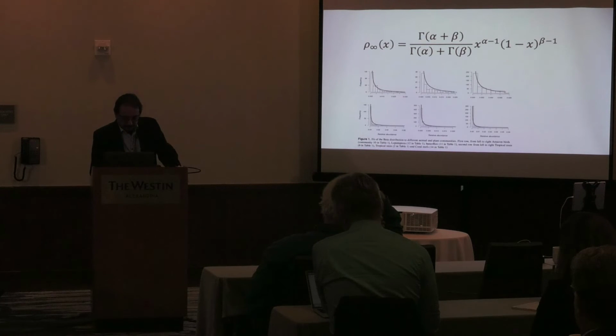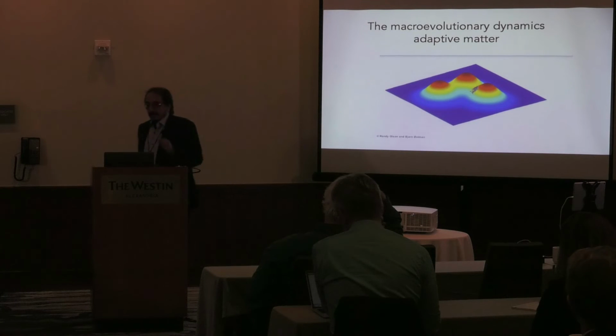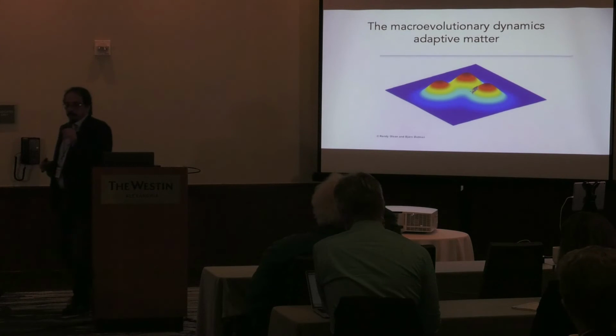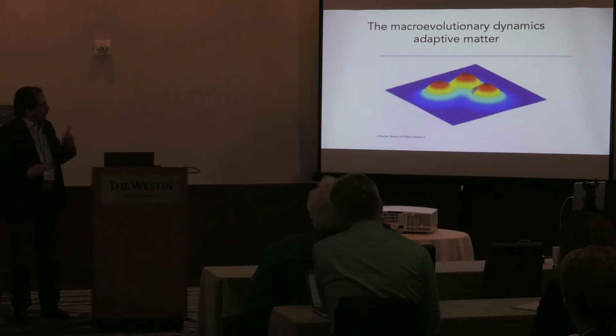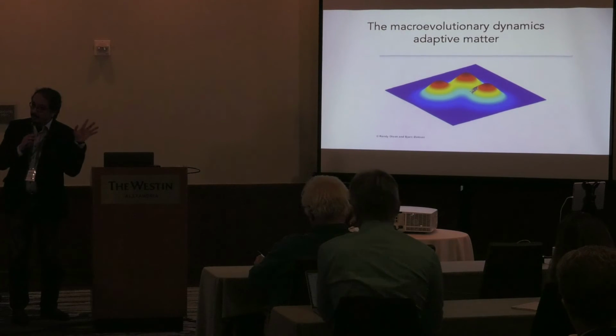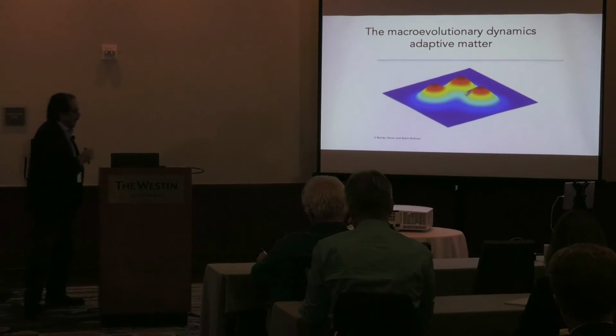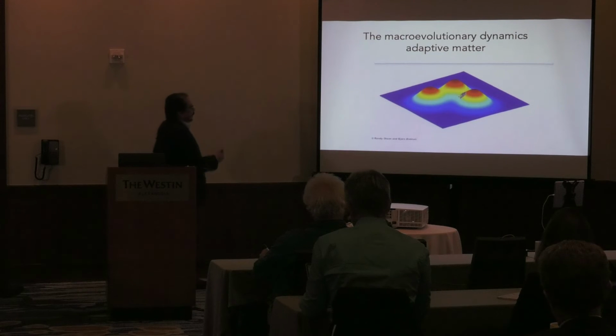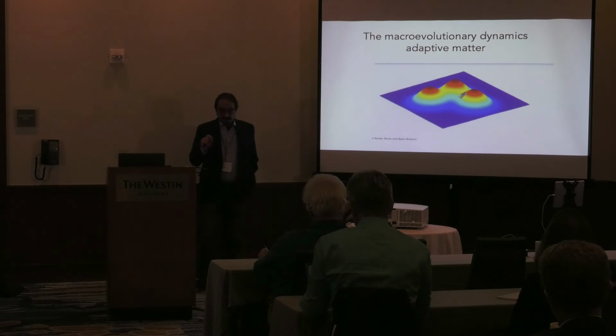So let me shift gears now and stretch this analogy a little bit further. And to do that, I want to show you that the Brownian approach to the dynamics of adaptive matter might go a little bit further to understand macroevolutionary patterns.